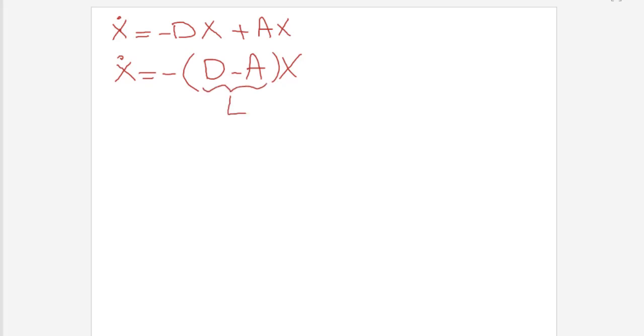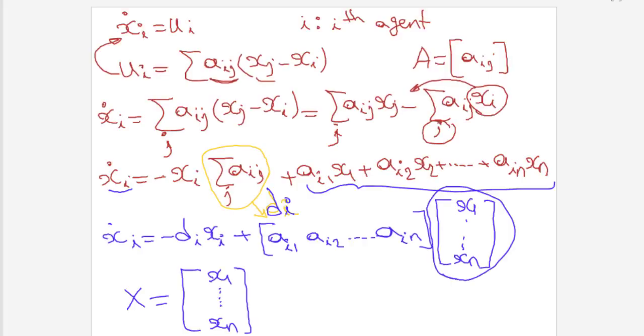Okay. What does it mean? This is Laplacian matrix, okay? X dot equal to minus Lx. This is the dynamic for this system.